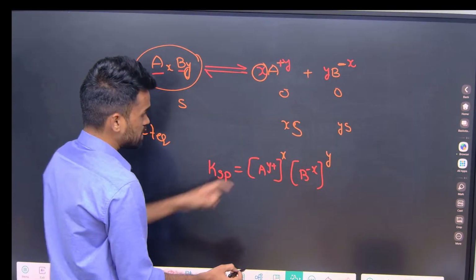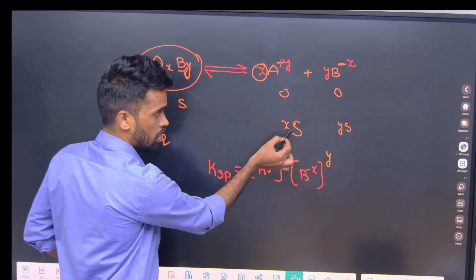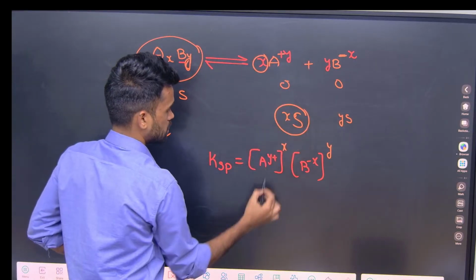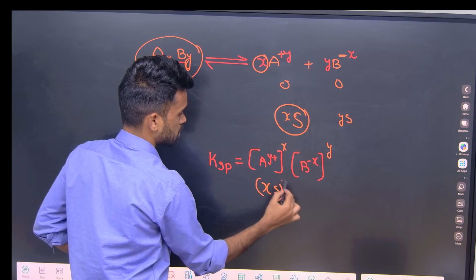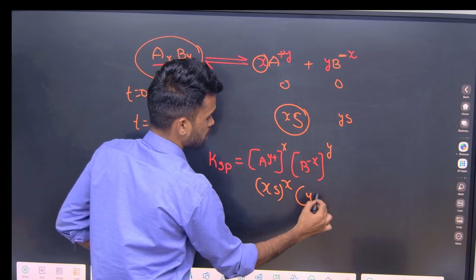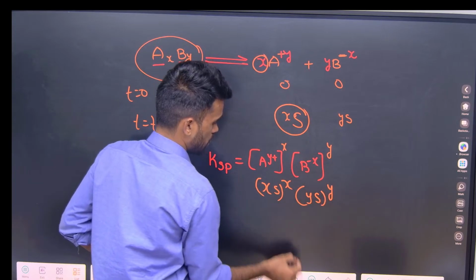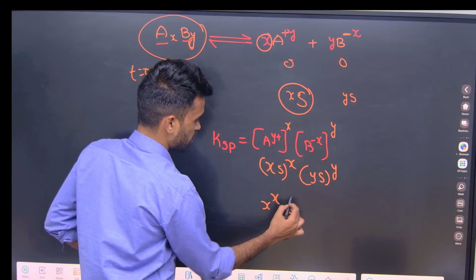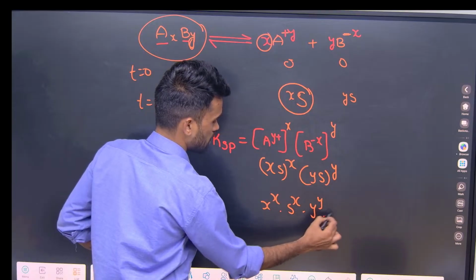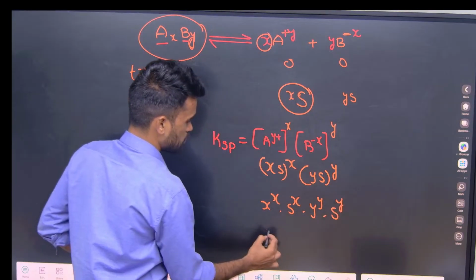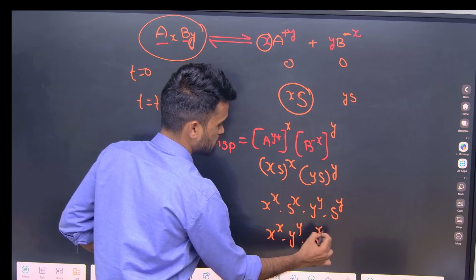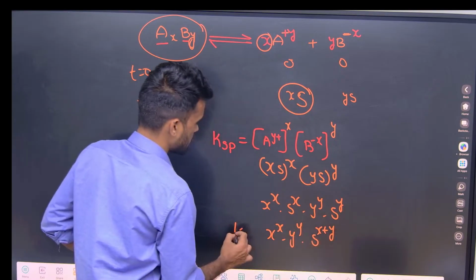So now what is its concentration after dissolving? Xs to the power X, here Ys to the power Y. Now what can you write? X power X, S power X, Y power Y, S power Y. So I can simply write X power X, Y power Y, S power X plus Y. Okay, so this is the KSP formula.